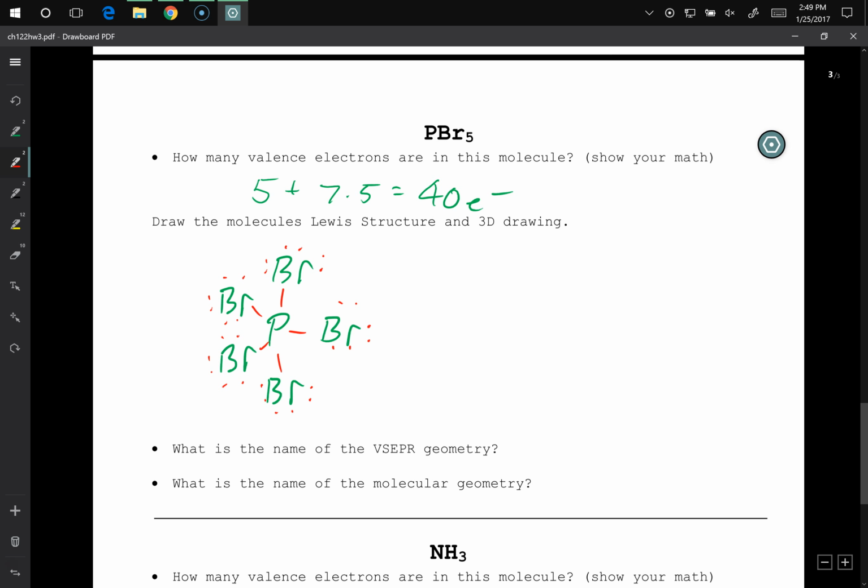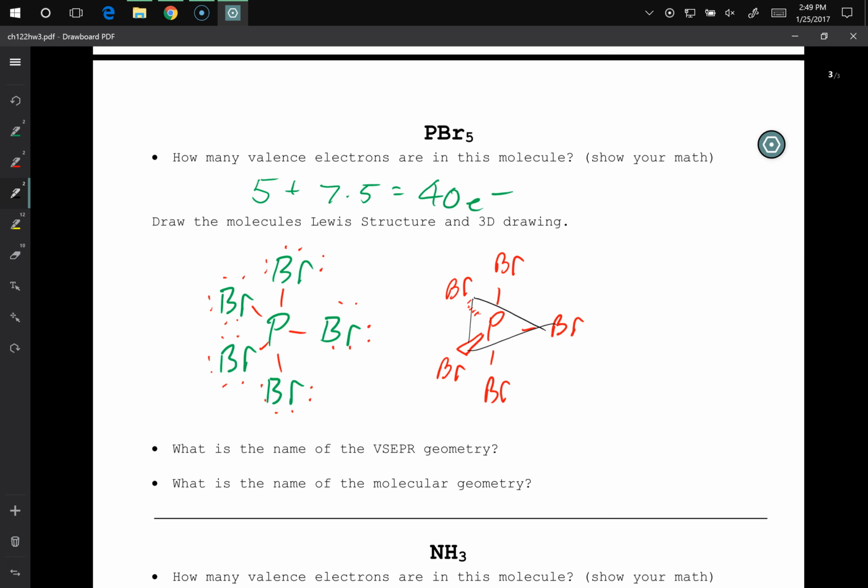And the bromines are all happy, and the phosphorus is, again, a little bit too happy. So if I'm going to draw the 3D model for this, I have a phosphorus with a bromine, a bromine, a bromine, and then a bromine going back, and a bromine coming forward. So hopefully what you can see with this is there's a triangle in the middle, and then there's a point on the top and a point on the bottom. So it's very similar to the last one, except instead of being bipyramidal, it's trigonal bipyramidal, because the pyramids have a 3-sided bottom instead of a 4-sided bottom.